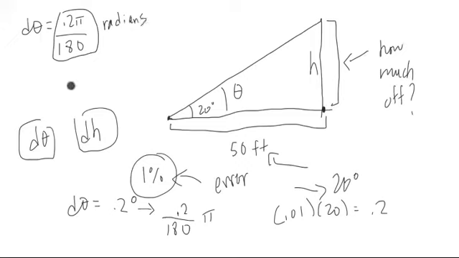Now we have to find the relationship between d theta and dh. First, let's come up with an equation that relates them. We know that the tangent of theta is equal to h over 50. This is really nice, and we can work with it.